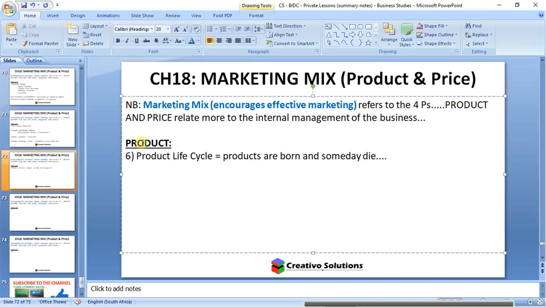Think about technology: computers, cars, technology. Products are launched and they develop and they get updated. Let's keep it simple. And that's looking at product life cycle.